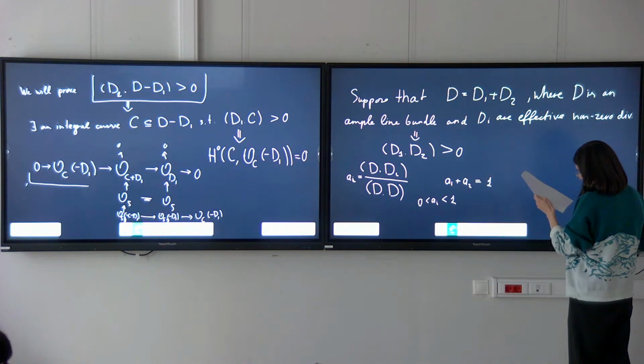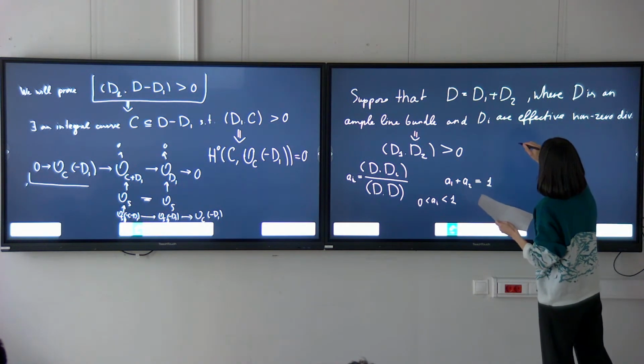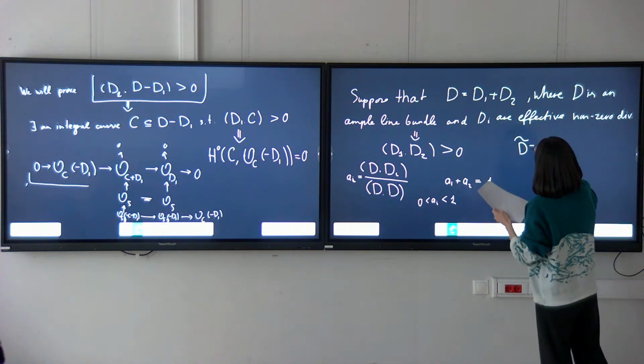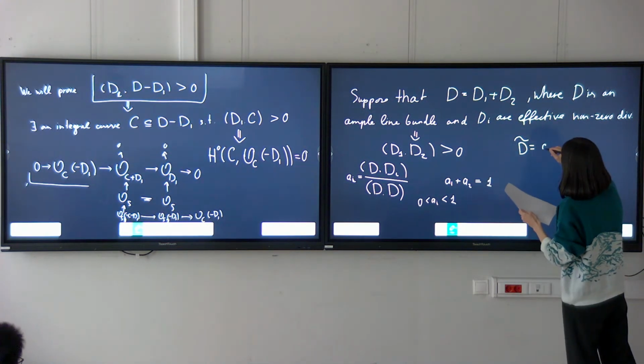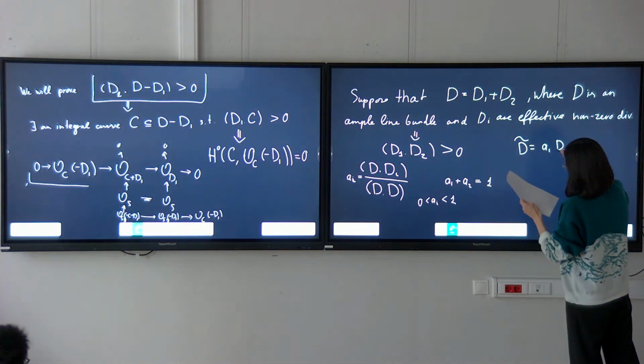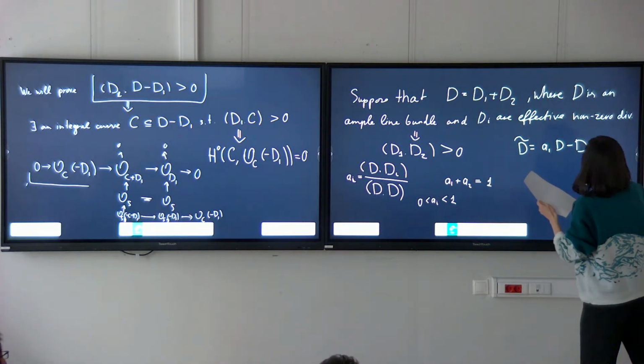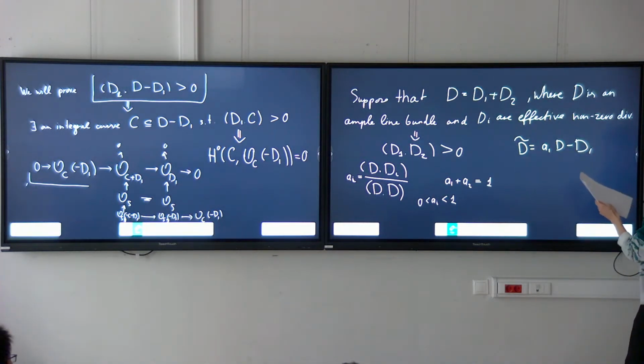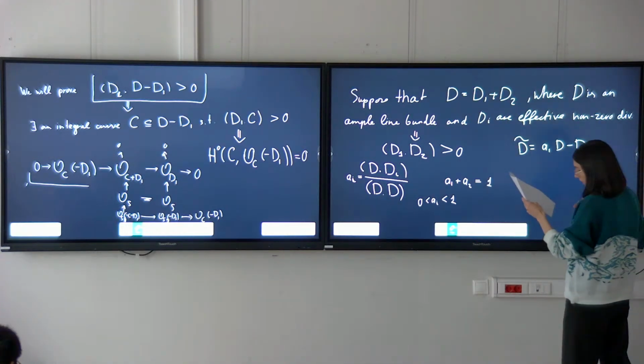Okay. And now let us consider divisor D tilde, that is A1 D minus D1. So this is a divisor with rational coefficients, but we can consider divisors with rational coefficients if you want. And now what we have?